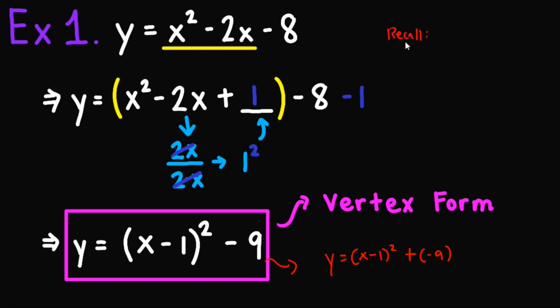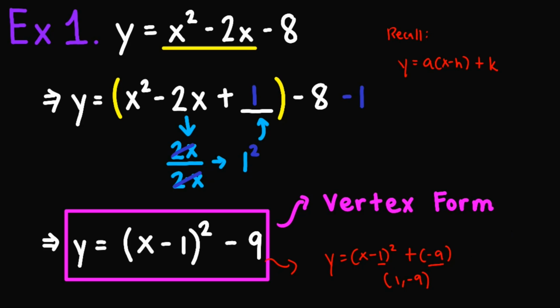Recall that the vertex form is given by y equals a times x minus h squared plus k, something like this. So clearly this one matches the vertex form. Obviously, the vertex is given by 1 and negative 9.